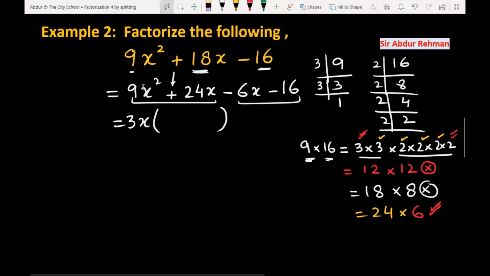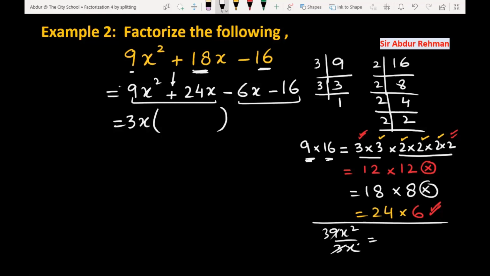By dividing 9x squared by 3x, we get 3x for the first term. And we have to divide 24x by 3x. So 24x over 3x, we will get 8, the x cancels. So we will get 3x plus 8.